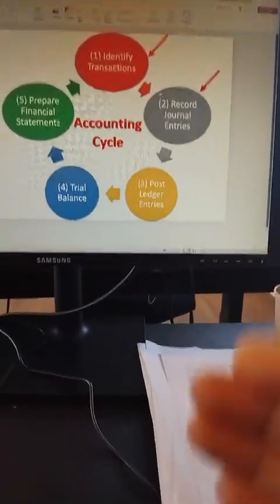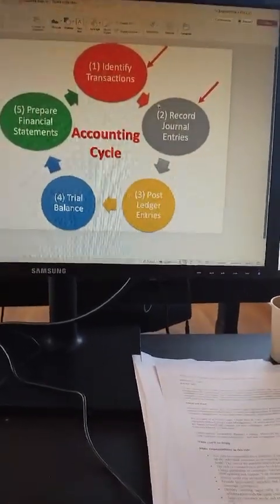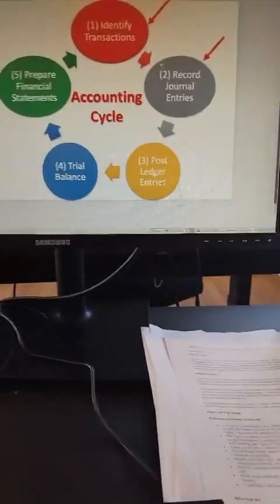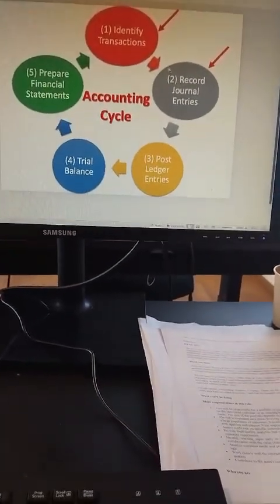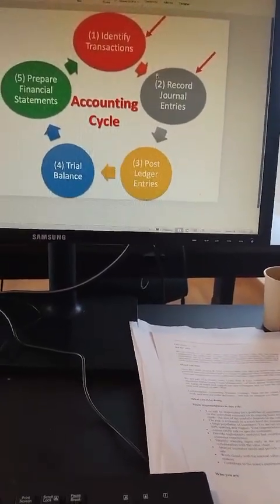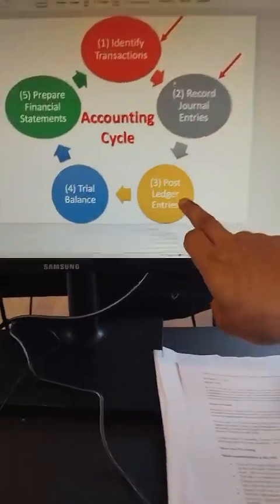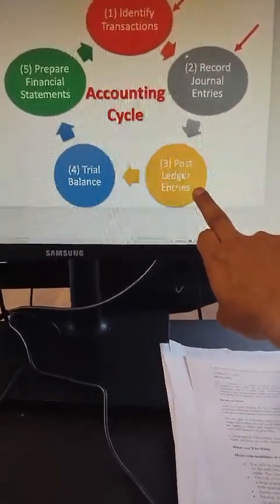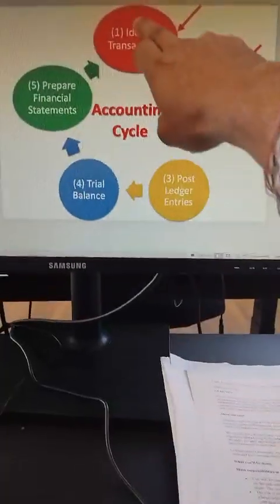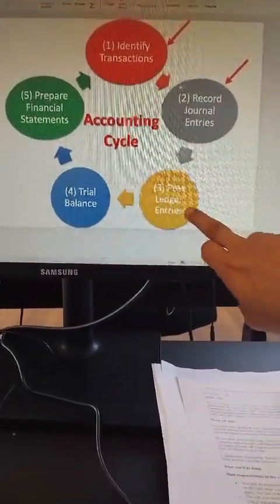After that, you have to transfer this debit and credit to the ledger account. The third step is posting to the ledger account, because you have two parties, two accounts. So for every transaction there are always two ledger accounts, and you have to transfer the transaction to each individual ledger account. So the steps are: identify the transaction, record the journal entry, post to the ledger account.